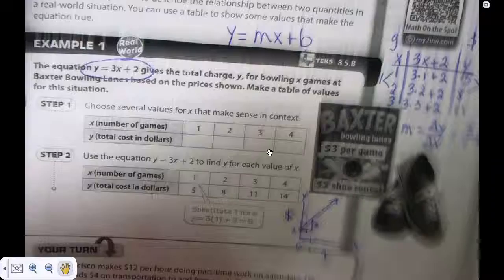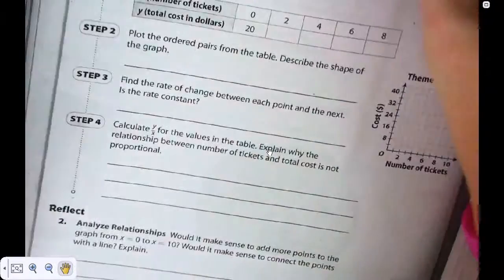Okay, close your book. Please. Get everything organized. If you move, you're going to do this check 5.